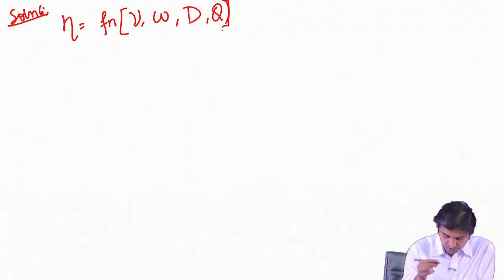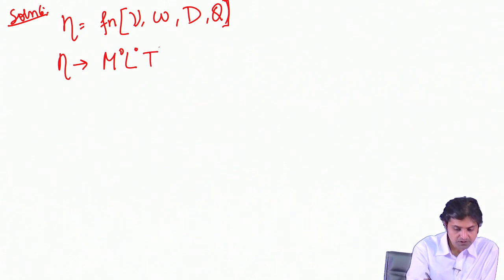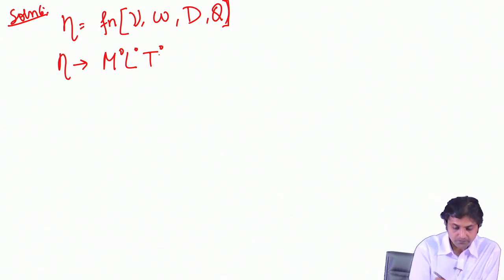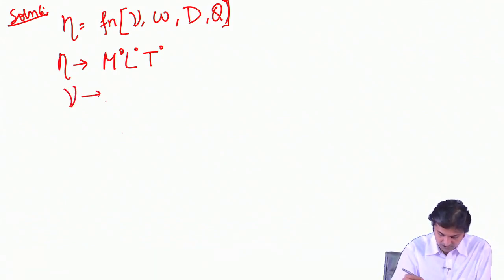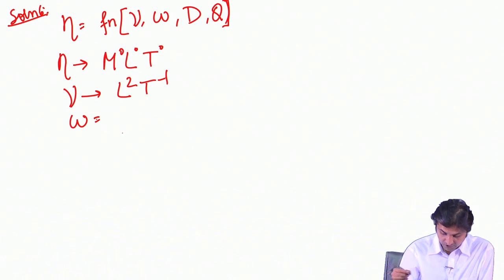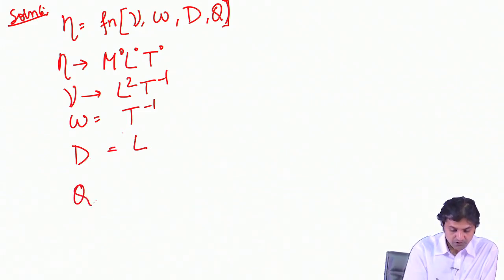The second step is we write the dimensions. So, dimension is M to the power 0, L to the power 0, T to the power 0. The nu is L square T minus 1, omega is angular velocity so it is going to be T minus 1, the diameter is of course L, and q is L cube T minus 1.